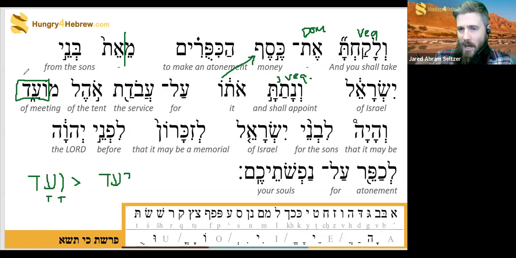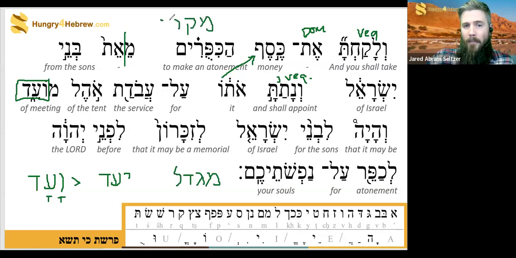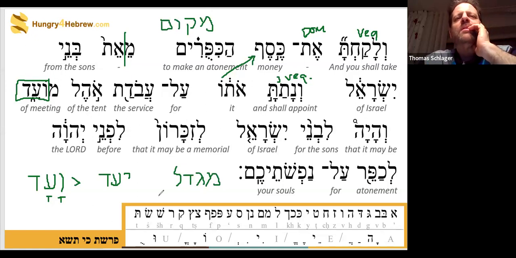It's the time or space or place of a meeting. So the tent of meeting, the mem turns it into a noun, much like the mem on migdal or the mem on makom.